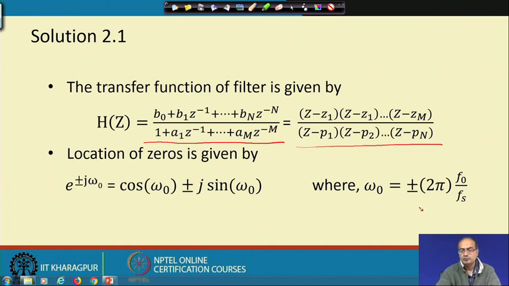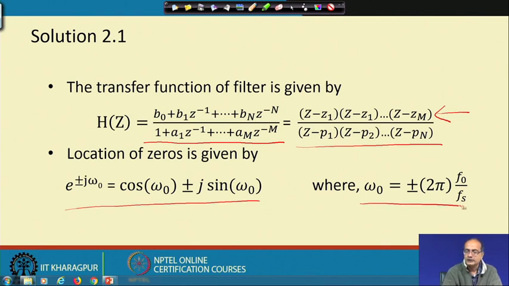In particular, here we are looking at a derivative filter, so we would be looking for the zeros. We need to place the zeros at low frequency. So, we have to create the zeros there, just like a notch filter, and this should be the pole location where the frequency is given by omega 0.